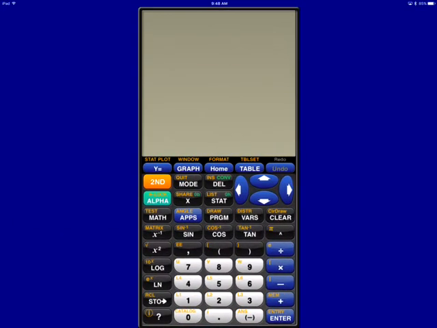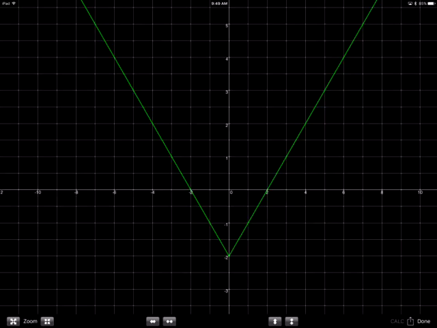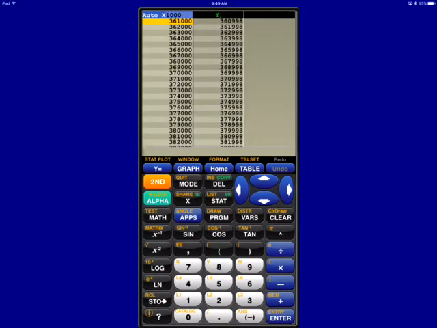Or, the other option, this one was the absolute value of x and then minus 2, and then you graph and you can see that the graph got shifted down 2. Anytime you're graphing, I'm definitely going to want specifics. So if you go to the table, it'll give you values.